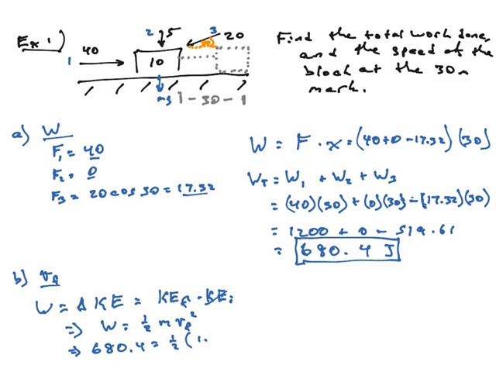The mass of my block is 10 kilograms times V squared. So V, that's going to be the square root of 680.4 divided by 1/2 of 10 is 5. So I get out my calculator and I get 11.67 meters per second.